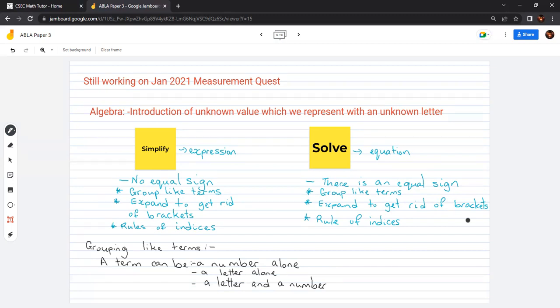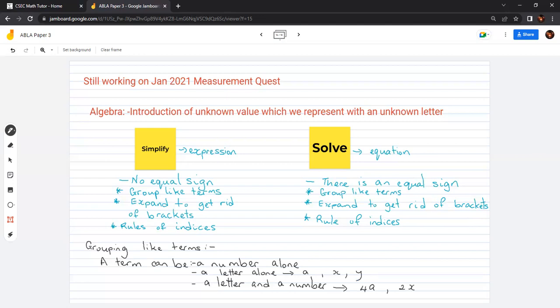A letter alone might be like A, X, Y, but it's understood that it's one A, one X, one Y. Or it could be a number and a letter, such as 4A, 2X.